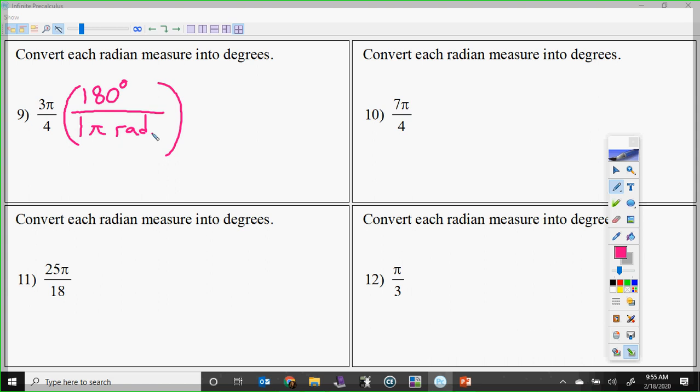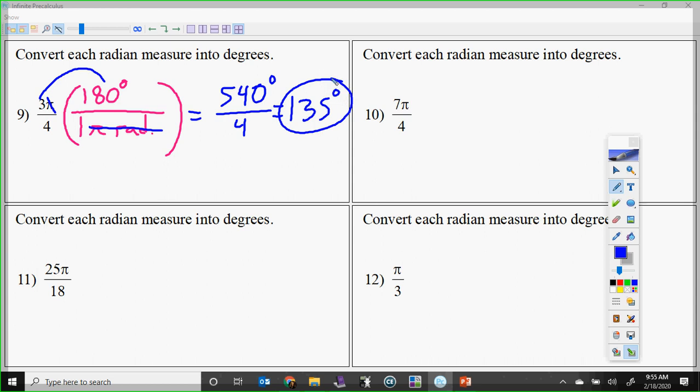So the word radian isn't going to cancel out, but the pi will. Alright, so that pi will cancel out. Okay, so I end up with 3 times 180. 3 times 180 is 540 divided by 4. Well, 540 divided by 4 is 135 degrees.